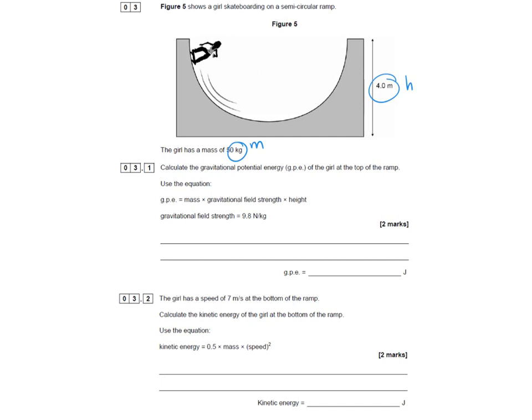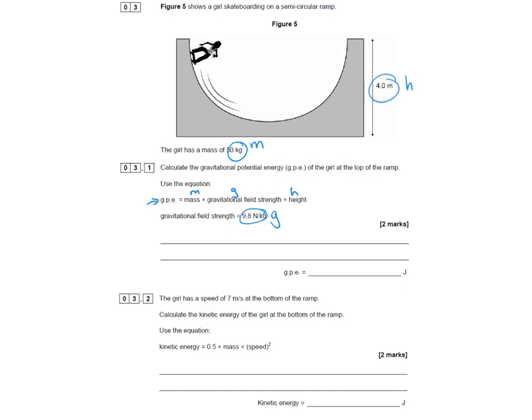Use the equation, so it even gives you the equation in this case, and it gives you the gravitational field strength, so g. You do have all of the quantities that you need. So you have the mass, you have g, and you have the height. So you just simply have to put the numbers in that you're given in the diagram.